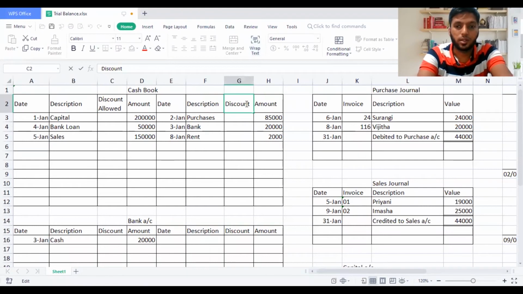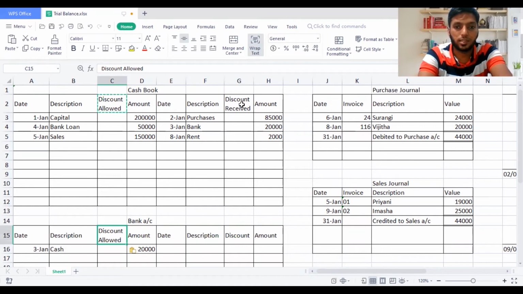On the credit side, you can record discount received. That's also fine for you. When you record, it's easy for you to actually mark it down. And the same way I will record discount allowed and discount received on the back column also. So it's easy for us to track down, guys. That's the reason I'm copying here. If you know discount received is on the credit side and discount allowed is on the debit side, it is going to save our time in exams a lot.